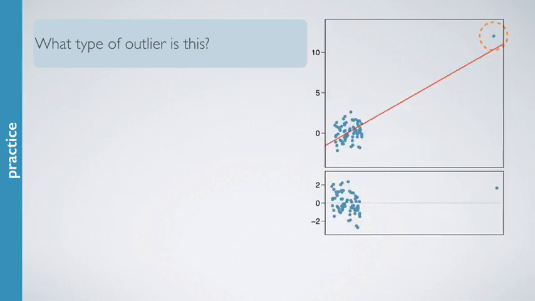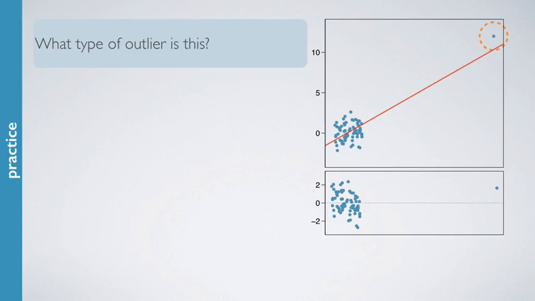And what about this one? Just like with the previous point, this outlying point also falls away from the rest of the data in the horizontal direction, so it could simply be a leverage point. However, it also appears to be influencing the slope of the line. If we were to remove this point, the line would look considerably different.